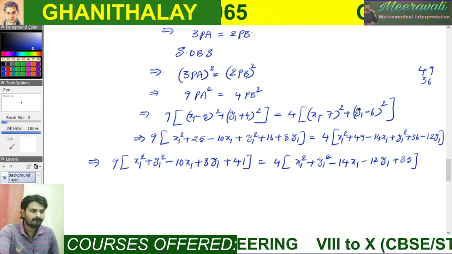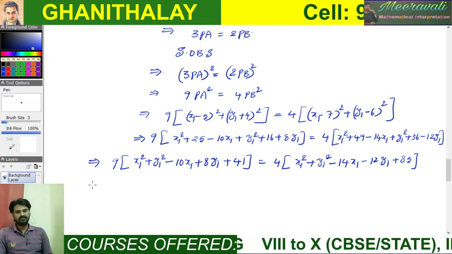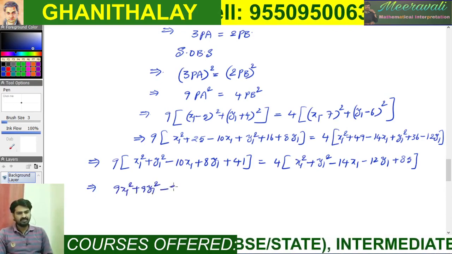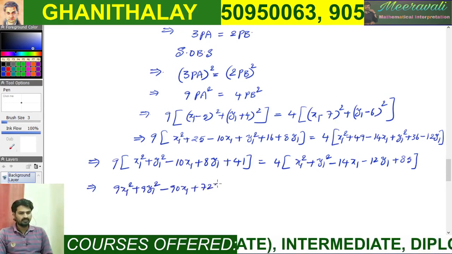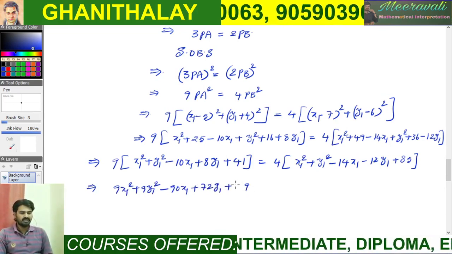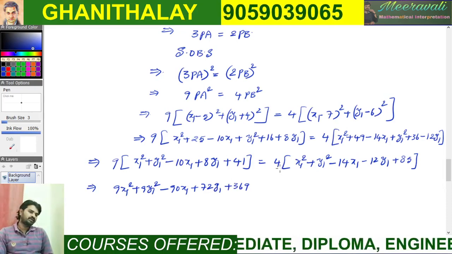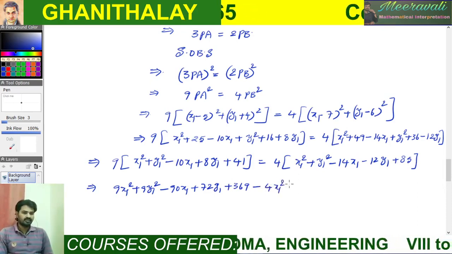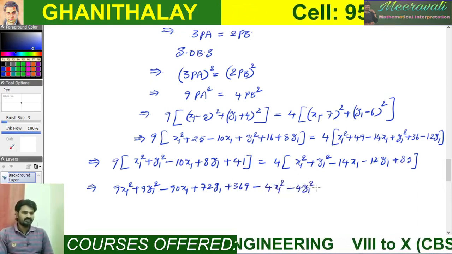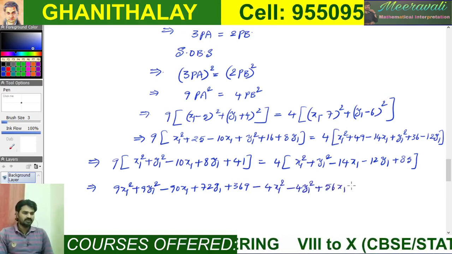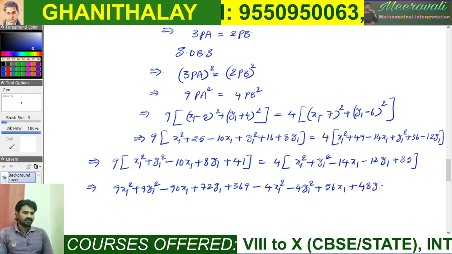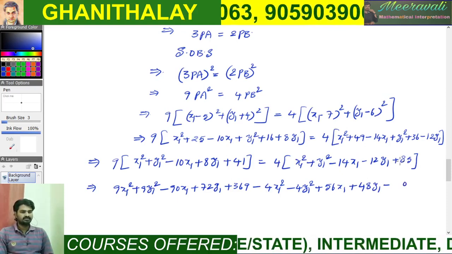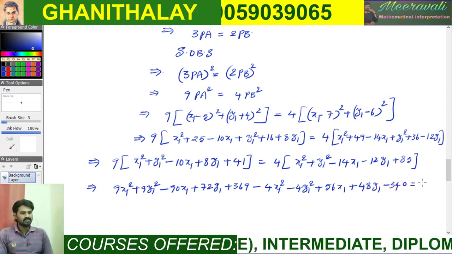Okay, good. Next, multiplying the left hand side by 9: 9x1 square plus 9y1 square minus 90x1 plus 72y1. 9 ones are 9, 9 fours are 36. Now taking the left side terms to the right side, multiplying by 4, you will get 4x1 square plus 4y1 square minus 56x1 minus 48y1, minus 4 5s are 20, 4 8s are 32, 34 is equal to 0.